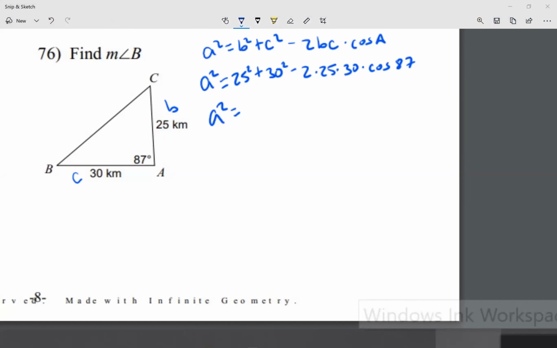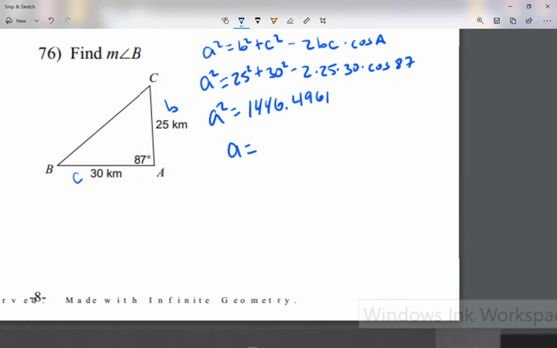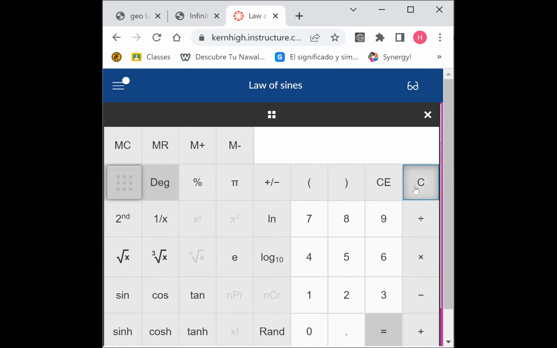So I remembered it was 1446.4961. So A is the square root of that. So let me come back to my calculator. 1446.4961.